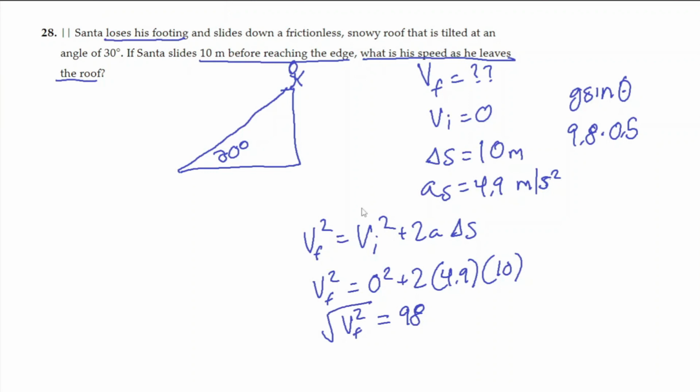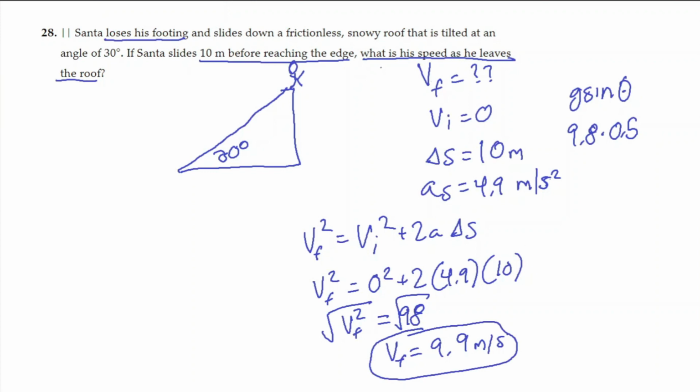Now if we square root both sides, v final is equal to 9.9 meters per second. That's the velocity.